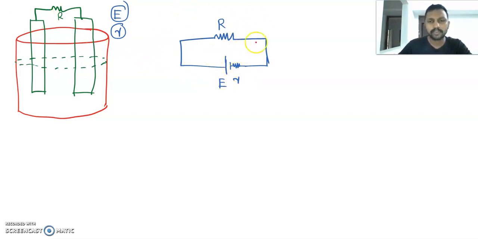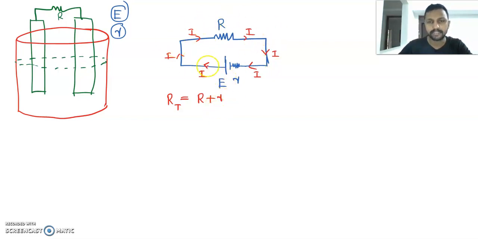Now, this is a closed circuit, and if it is a closed circuit, there will be a current passing through the circuit. Let's say the current passing through the circuit is I. Then what is the total obstruction or the total resistance? It should be external resistance plus internal resistance.